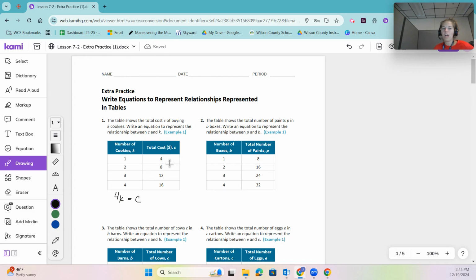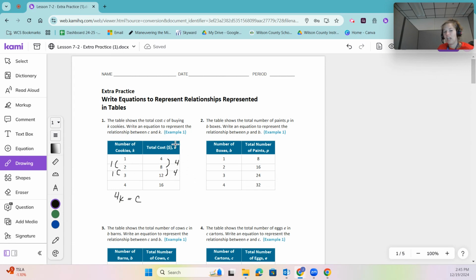All right. One other way to notice what is happening here is looking at the change. What happens to C each time? Well, we go up by 4 each time we go up by 1. And we look at the ratio of these things.